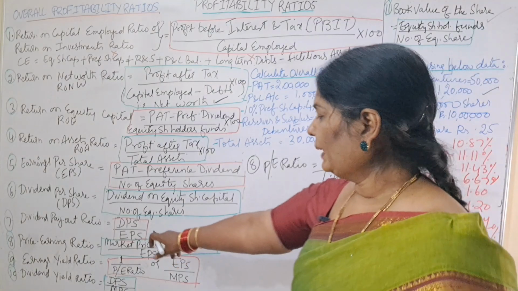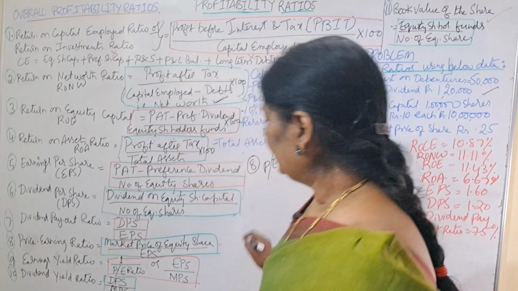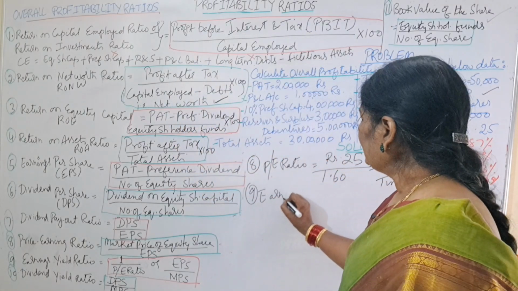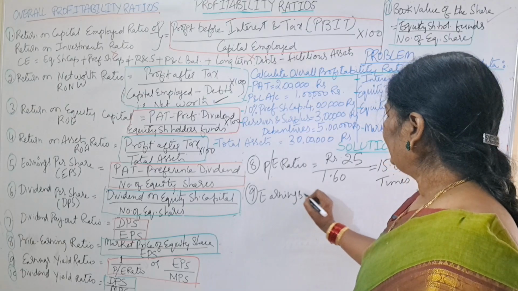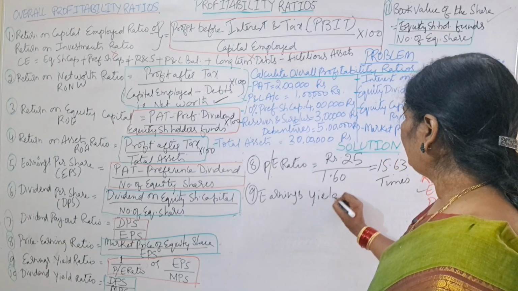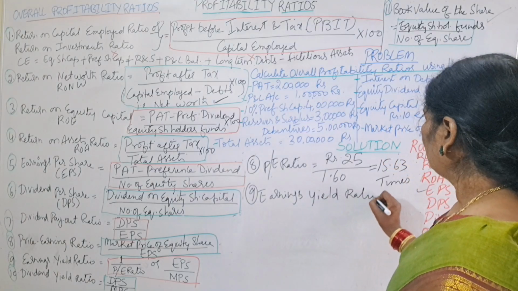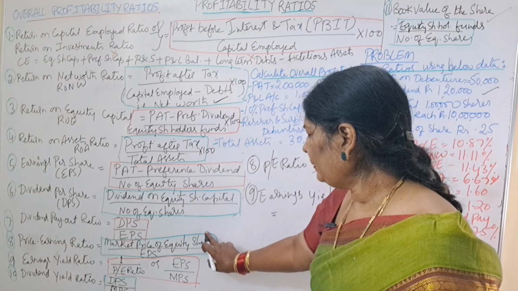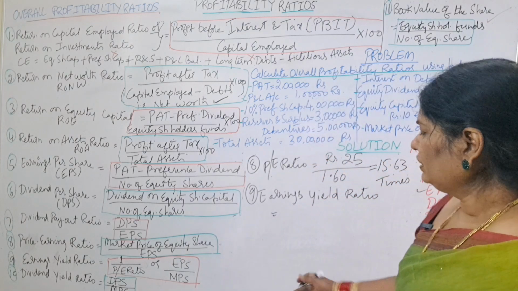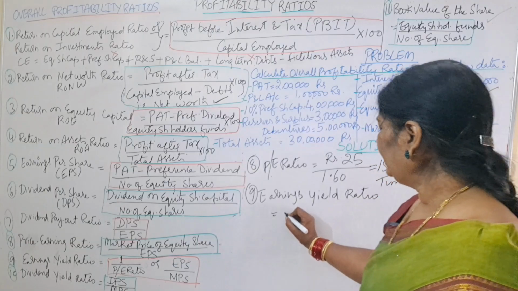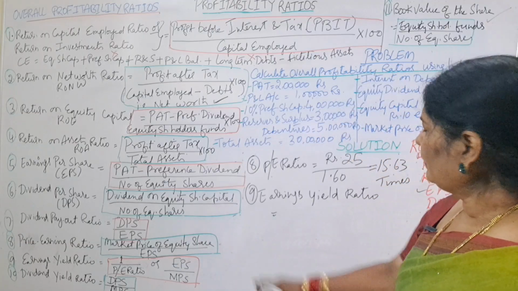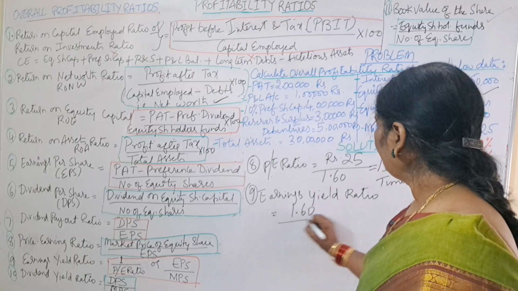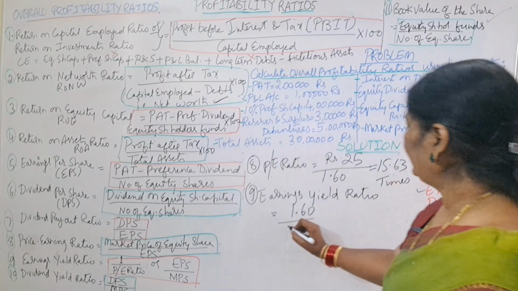Now coming to the ninth one. What's our ninth ratio? Earnings yield ratio. This is very simple. If you calculate price earnings ratio, then earnings yield ratio is very simple. So how you will do that? Just reverse that formula. So here you have taken MPS by EPS, no? Just reverse the formula. Here you will take EPS by MPS. So what is our EPS value? 1 rupee 60 paisa. And what is our MPS? Rupees 25, right?